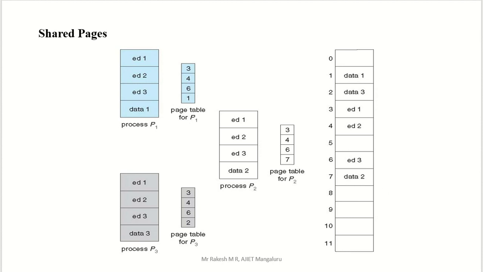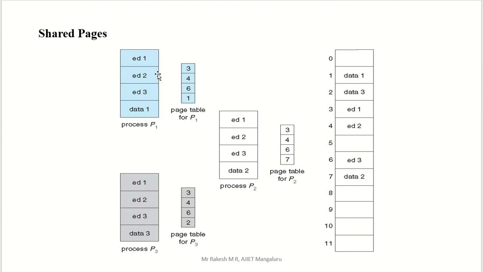Shared page concept. What do you mean by shared page? See, we have a lot of processes, and for each process we have a page table. Here also we have a process with a page table, and here also. Why are we using shared pages? In the previous slide we discussed that for each process there is a page table.